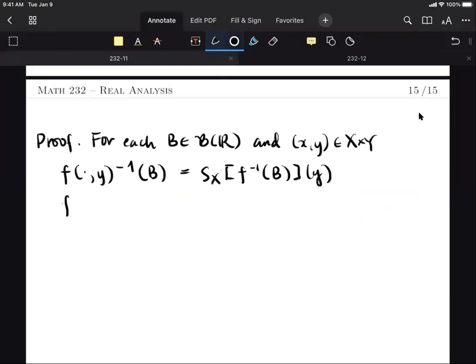And similarly, for a fixed x, you get the corresponding section on y at the point x.